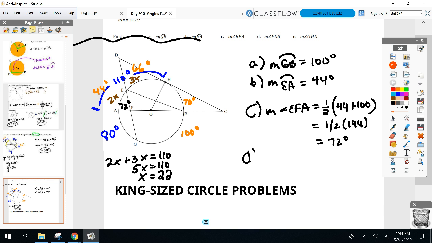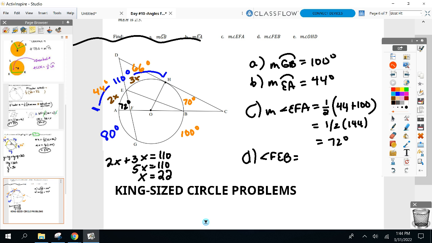Next up, FEB. Everyone see that angle? FEB. Central? Inscribed? This is why we need to know the stuff before quiz 1, because of this right here.